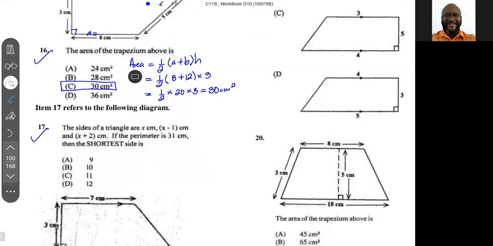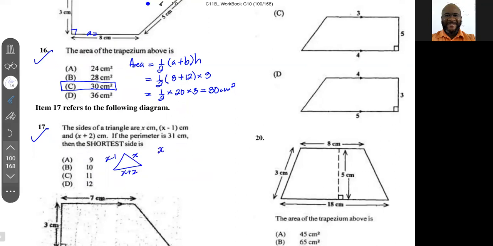17 says the sides of a triangle are x, x minus 1 and x plus 2. So there is a triangle. The sides are x, x minus 1 and x plus 2. It says the perimeter is 31. You get perimeter when you add up all the sides.